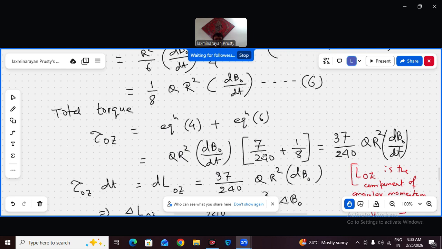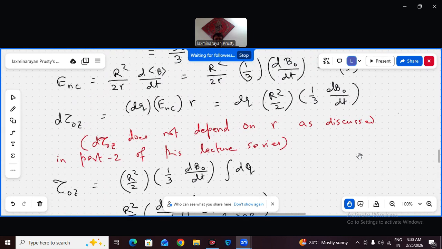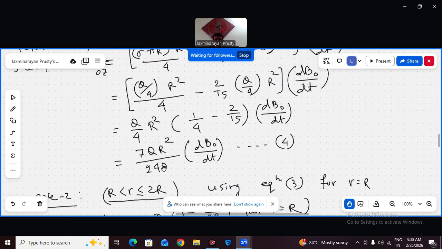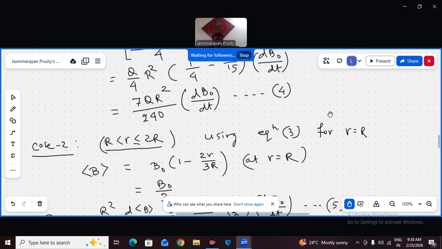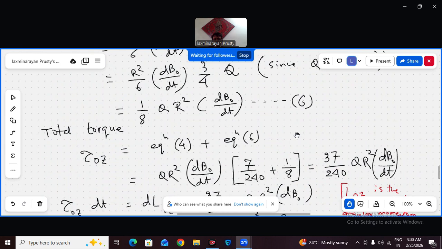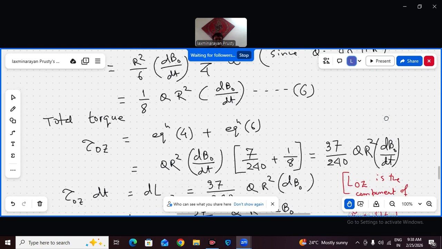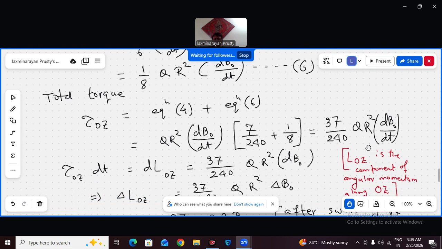So 7 by 240 in equation 4. Yes, 7 by 240. Then here it is 1 by 8, so 30 by 240. 37 by 240 q r square dv naught by dt is the total torque. So torque OZ into dt from this side if I multiply, that becomes dLOZ.